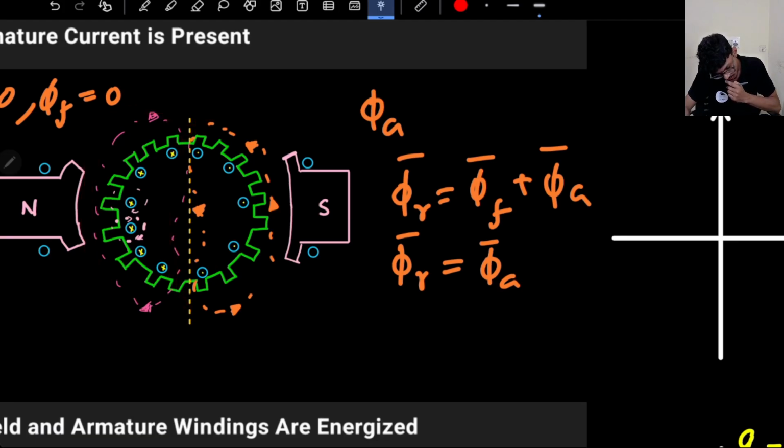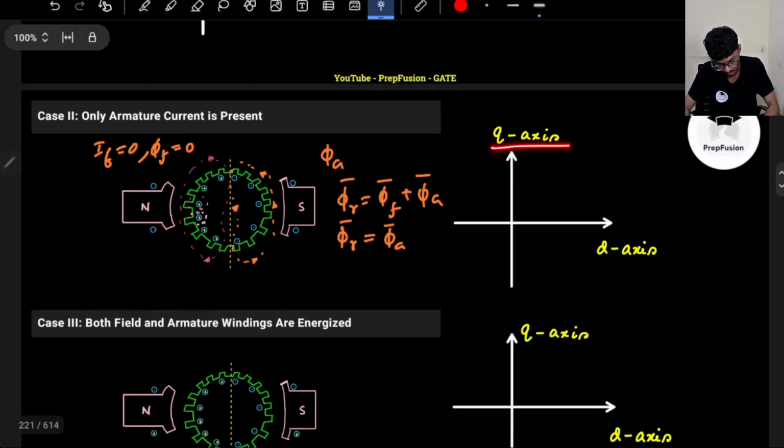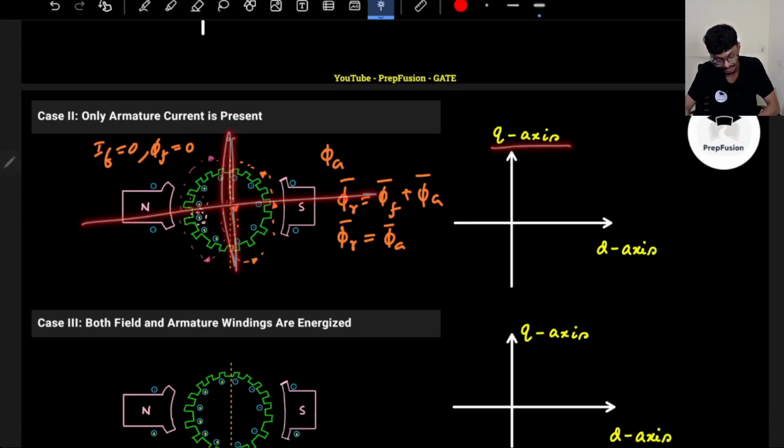So if I want to discuss the q axis, which is 90 degrees to the d axis, what is the direction of the resultant flux? I am only discussing along the q axis.